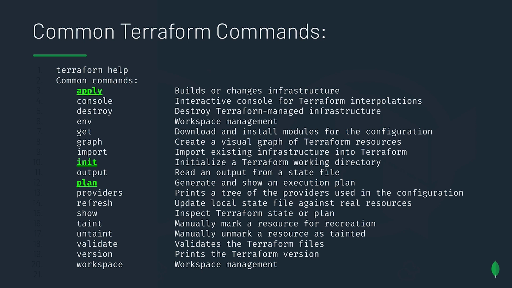And not only will it initialize Terraform and let Terraform know that the current working directory is indeed a Terraform configuration, but it will actually download all of the providers that we need. So in this case, we're using AWS and we're using Atlas. So when we initialize in the working directory, Terraform will actually download the Atlas provider and the AWS provider.